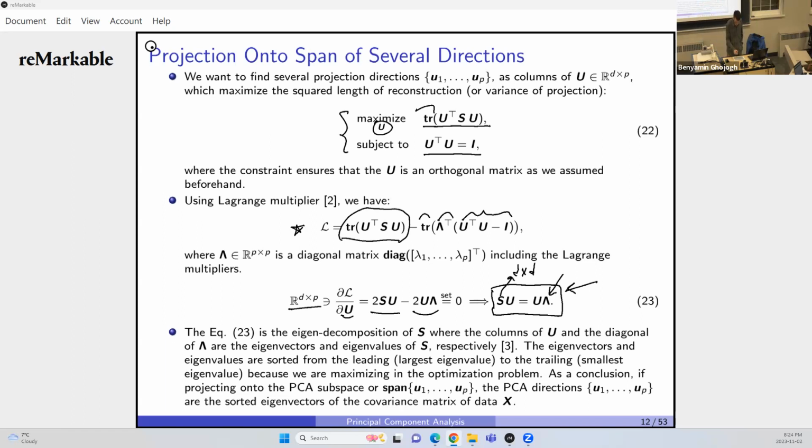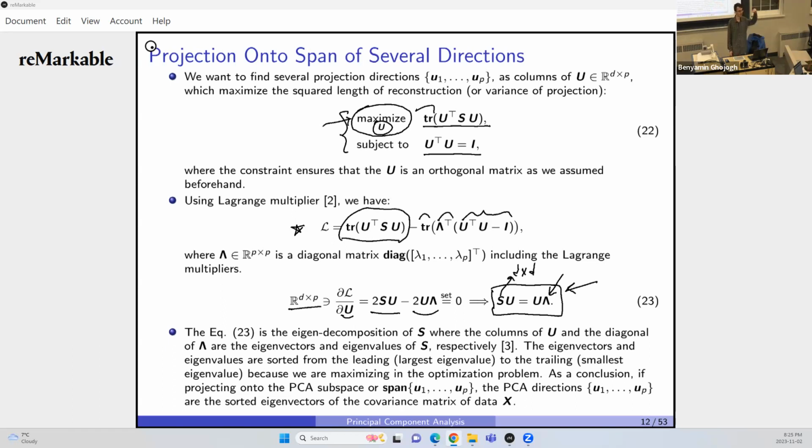How do we sort them? As it is a maximization problem, we need to sort the eigenvectors so that the eigenvalues are decreasing. So the largest eigenvalue, then the next largest. In descending order, the eigenvalues should be sorted because of maximization. If it was minimization, the sort must be ascending.